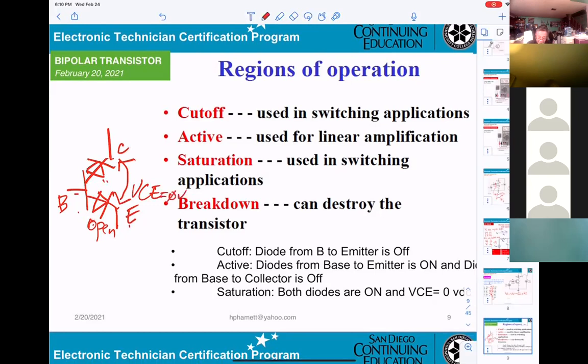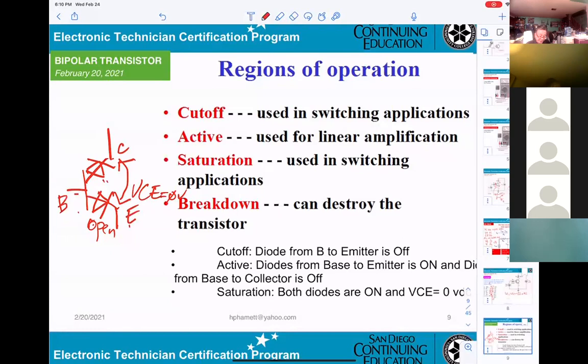If you're reading here, they already explained it to you. Cutoff means the diode from the base to the emitter is off, so no current flows, open inside the transistor.